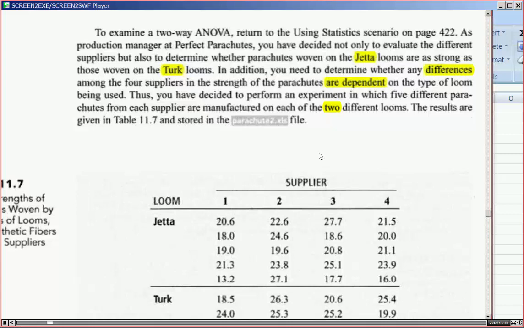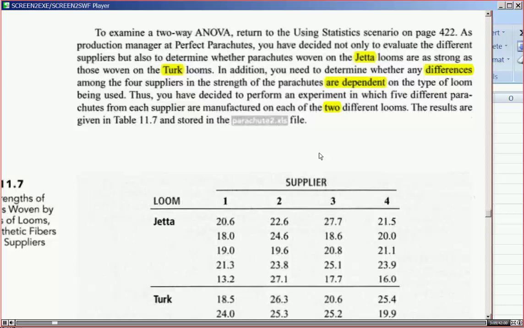We have 4 suppliers. We have 5 parachutes. That was the first part. We had 20 values. Since 4 suppliers provided fibers for 5 parachutes from each supplier, we had 20 parachutes. Now we're doing the same on 2 looms.